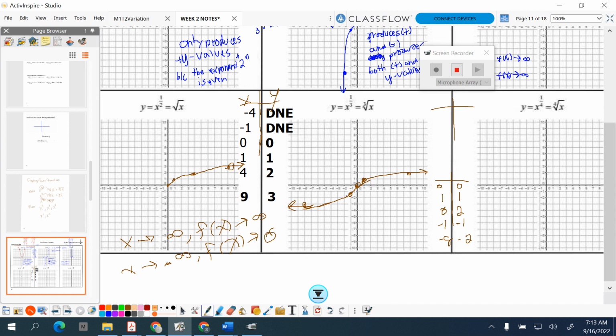So let's look at what's happening to these values. As x goes to the right, my end behavior suggests it's going to positive infinity. As x goes to the left, my end behavior suggests that it's going to negative infinity.